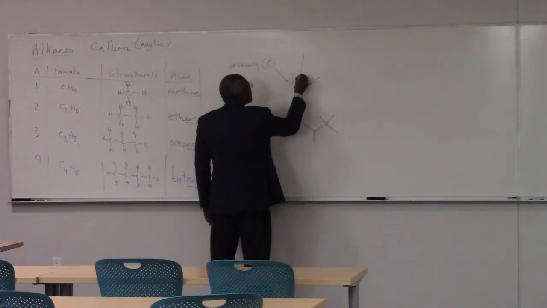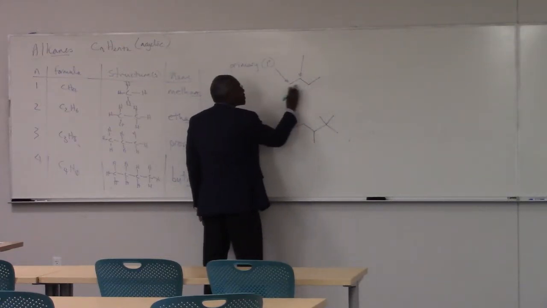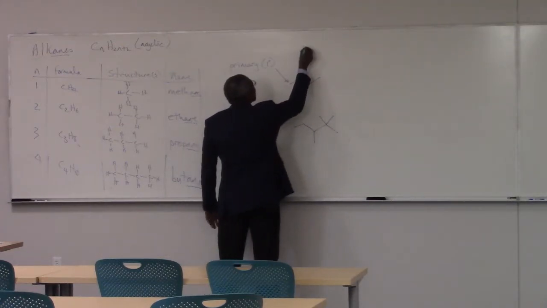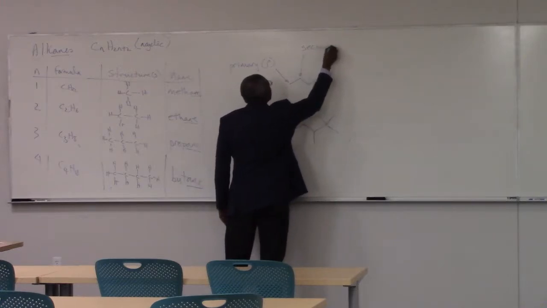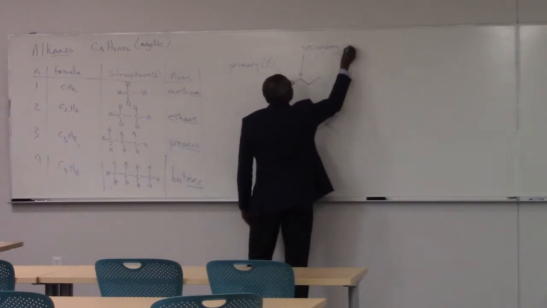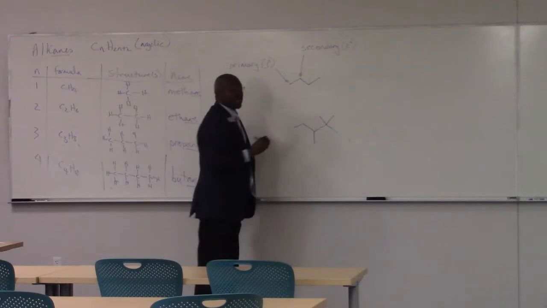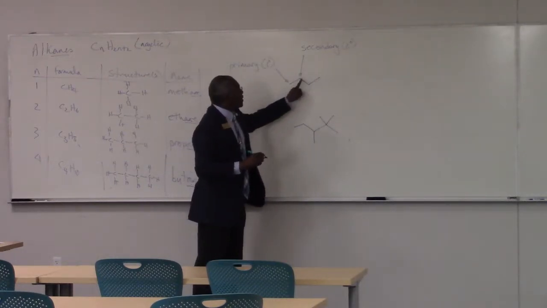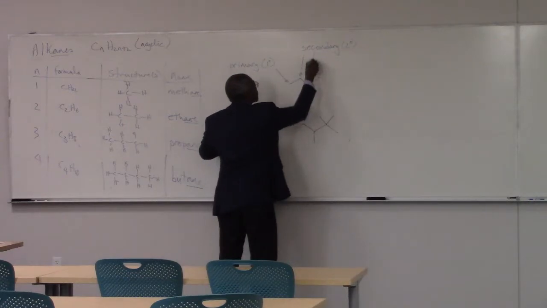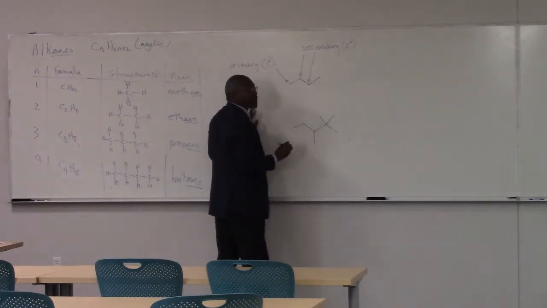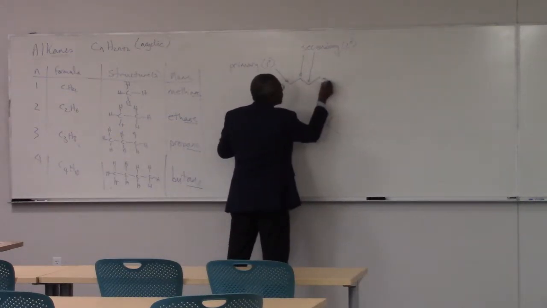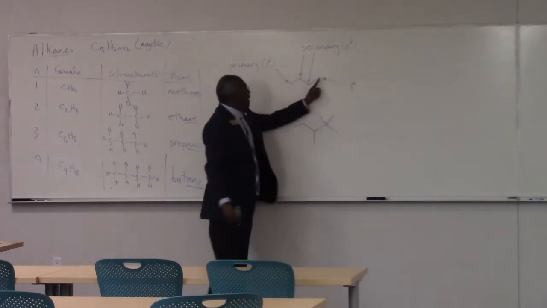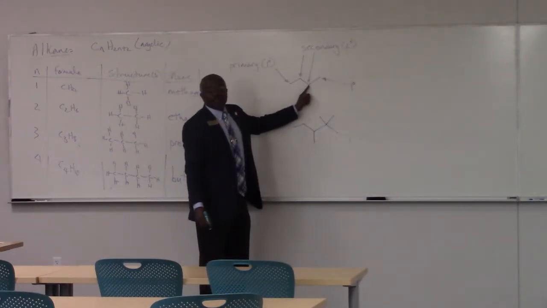This carbon is attached to 2 carbons, so I'm going to call this a secondary carbon. By that token, this carbon, which is also bound to 2 carbons, is also a secondary carbon. And this carbon would be a primary carbon. It's bound to 1 other carbon.